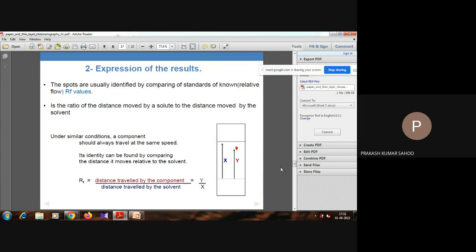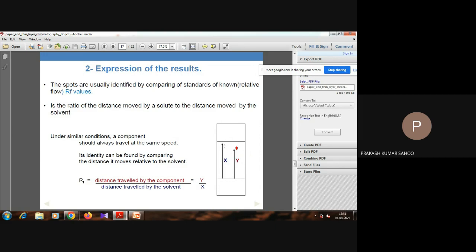That means what are the conclusions made from the RF value? The conclusions may be: when the RF value is close to 1, that means the component is a less polar component and it will travel more distance.